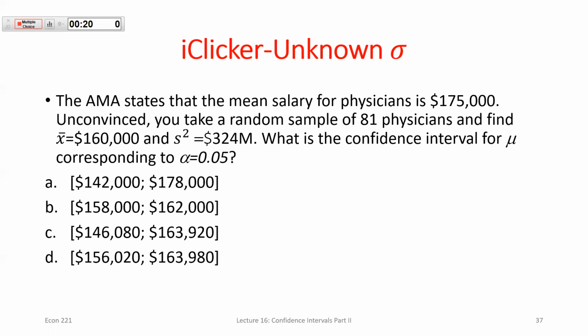Think about where the location of the sample mean should be, just looking at the lower and upper bound. Which answer can you rule out? Think about where that value of 160,000 should fall in each confidence interval, if they were in fact correct.